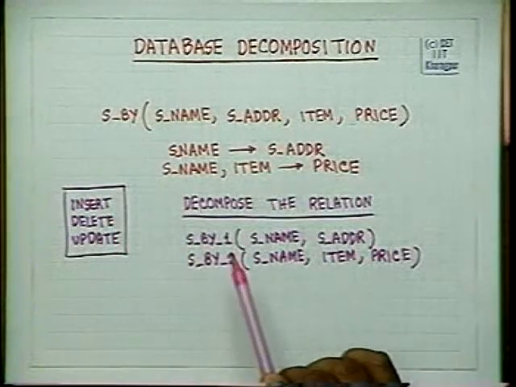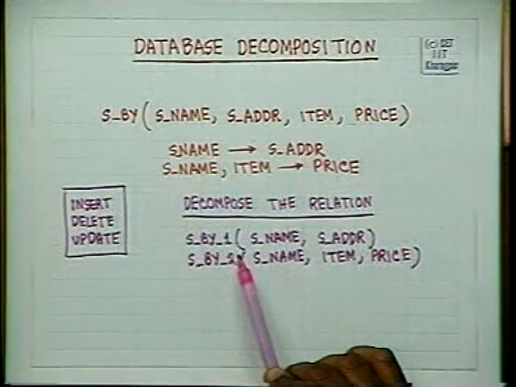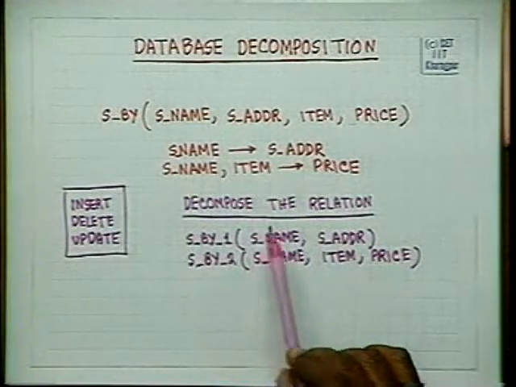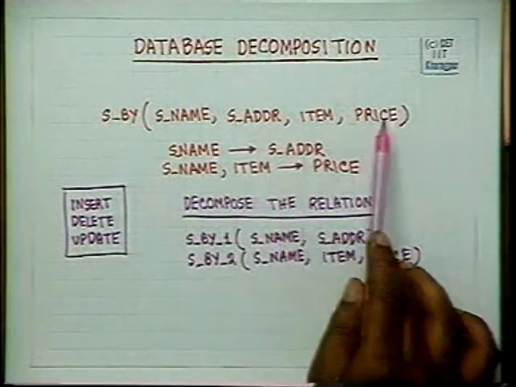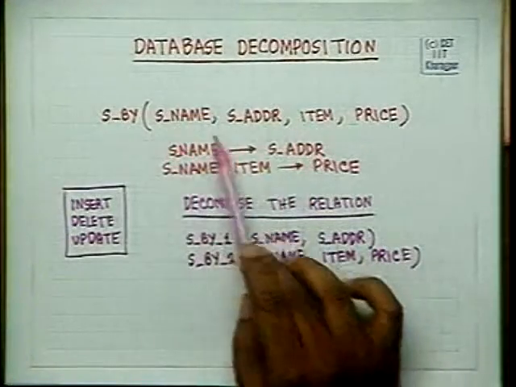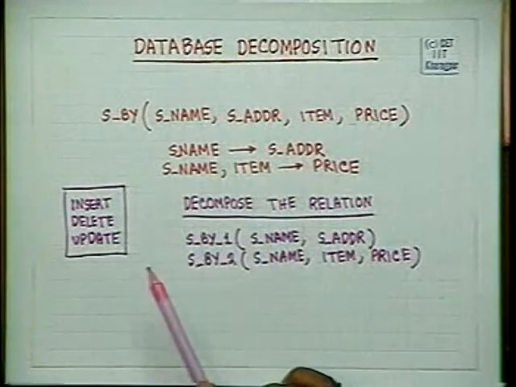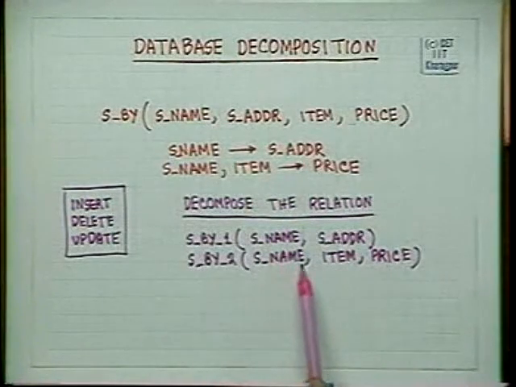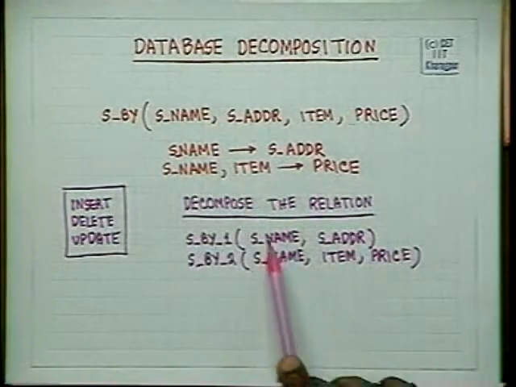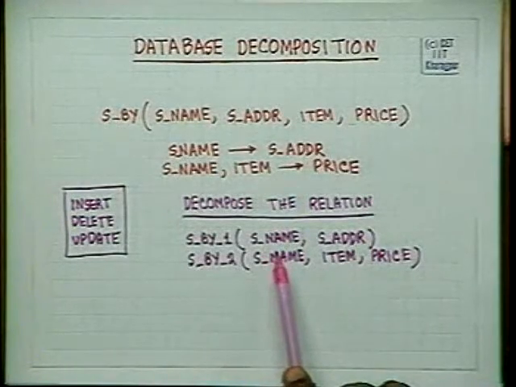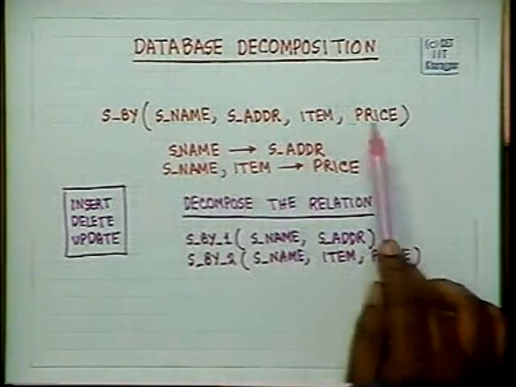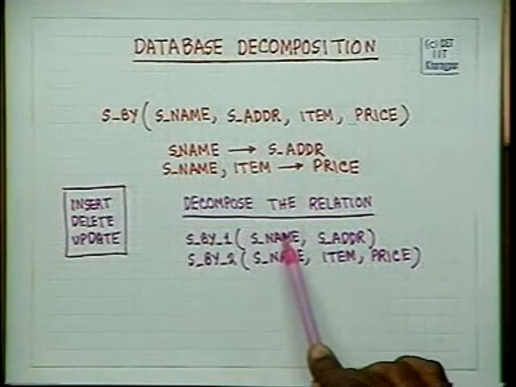But there are certain other extra things which you will have to do when you decompose. For example, if a query was relating to address and item, then in order to meet that query, you will have to take a natural join of these two relations and then answer that query. You cannot answer it directly from any one of the relations.